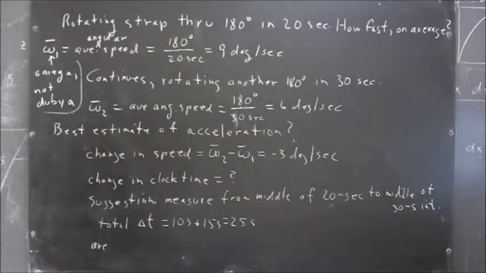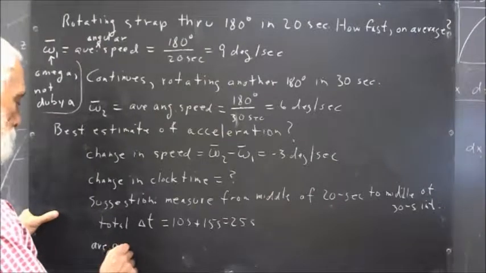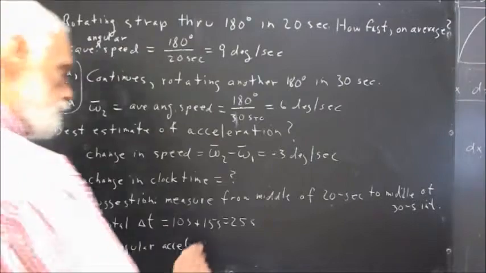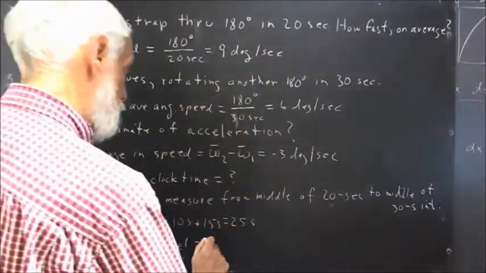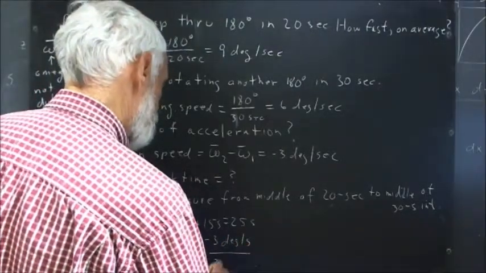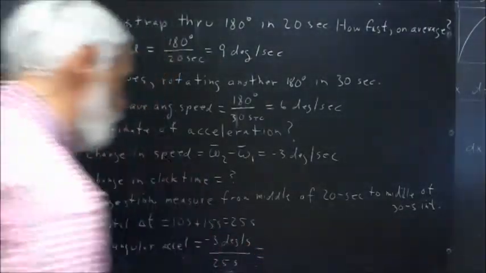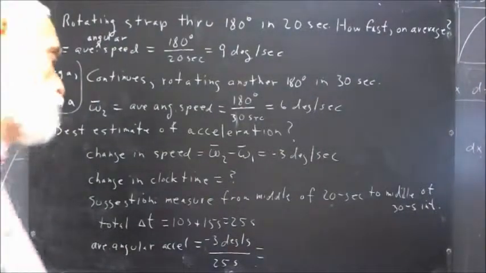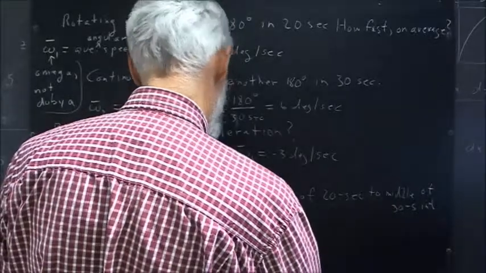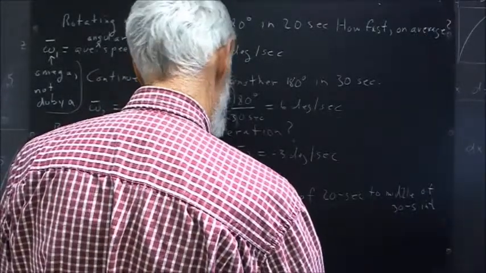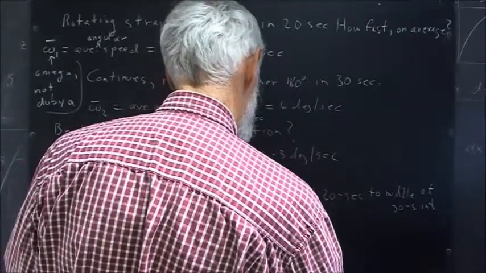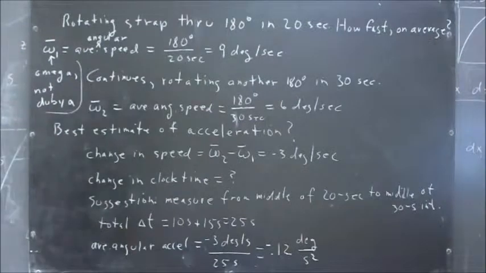So your average acceleration, but I'm going to put angular acceleration is what? -3 degrees per second divided by 25 seconds, which equals -0.12 degrees per second squared.